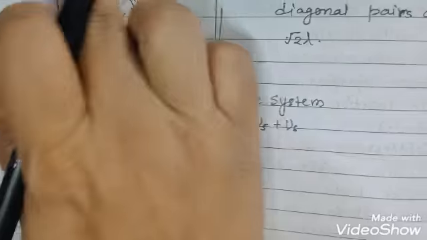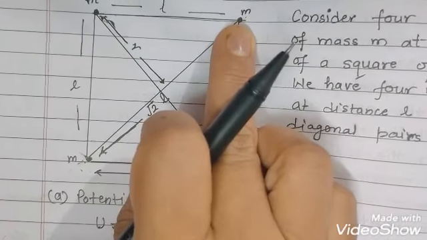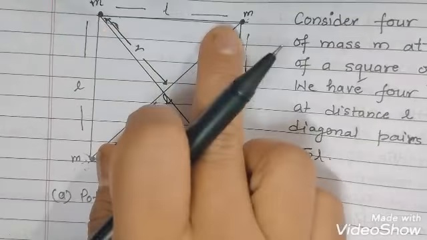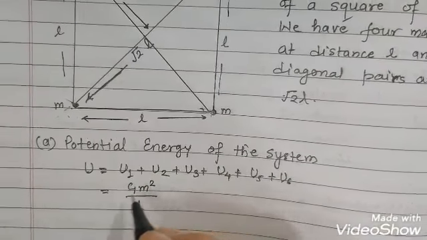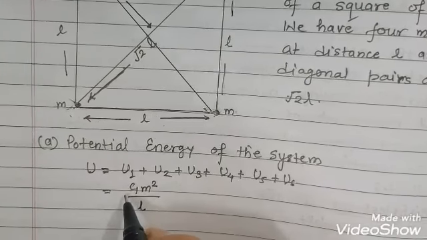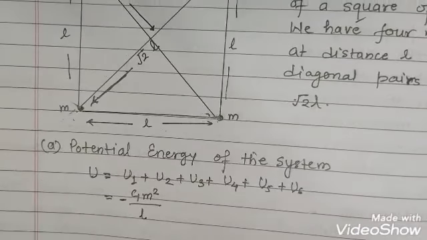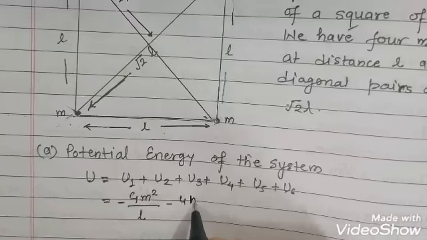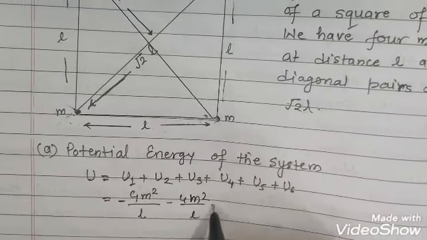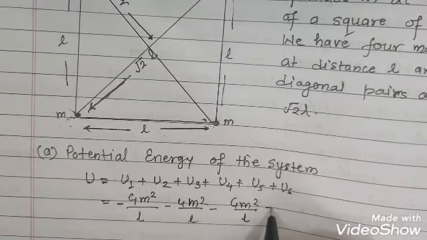For the first pair it is minus G m square upon L. Similarly, the second is also minus G m square upon L, the third is also, and the fourth one is also.